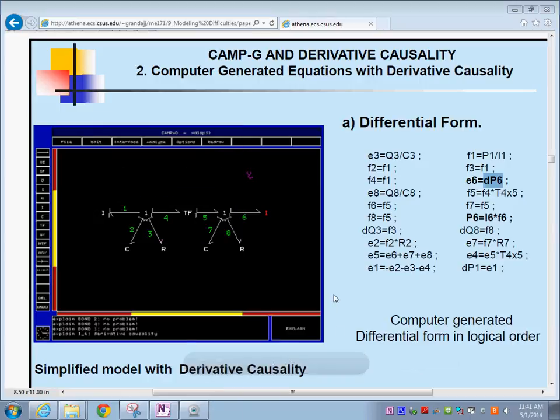All right, if we insist that we would like a mathematical solution for this, CAMG is going to help you do that.